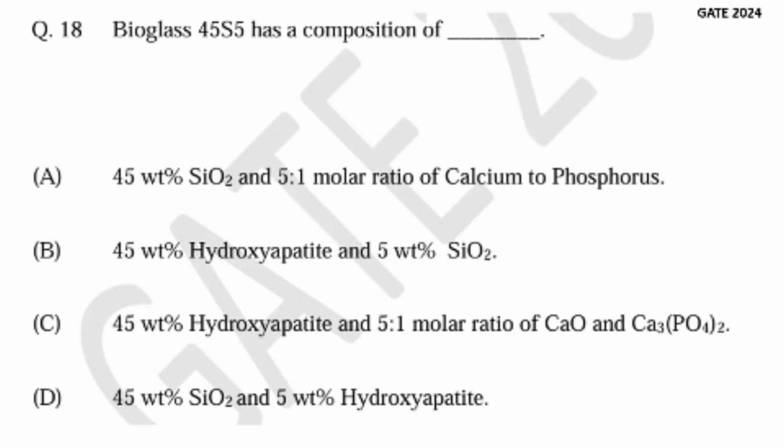The third option: 45 weight percentage of hydroxyapatite and 5:1 molar ratio of CaO and Ca3(PO4)2. This is also incorrect because Bioglass 45S5 does not contain hydroxyapatite as a direct component, and the ratio of CaO and Ca3(PO4)2 is not applicable in this case. Then the fourth option: 45 weight percentage of SiO2 and 5 weight percentage hydroxyapatite.